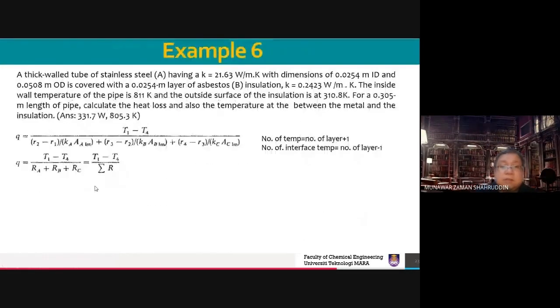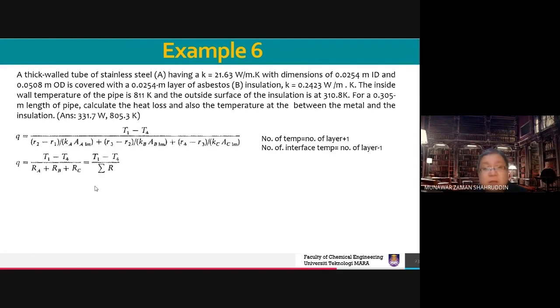So this is the last slide that I've shown to you. It is a system or the process of the steel pipe, stainless steel hollow cylinder, ataupun hollow pipe, which is being covered or surrounded by a layer of insulation, or being insulated by the asbestos.